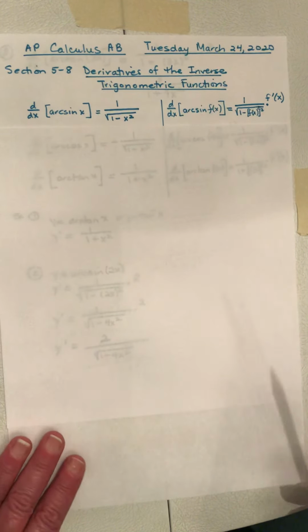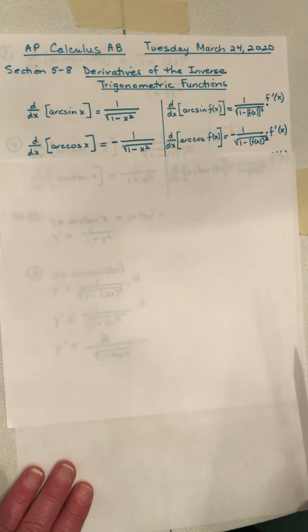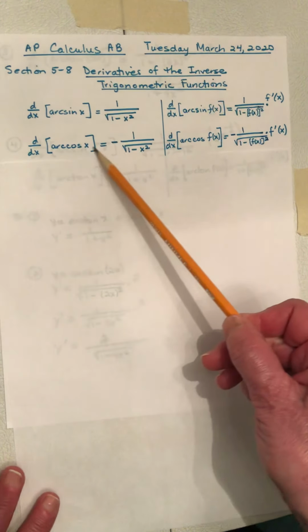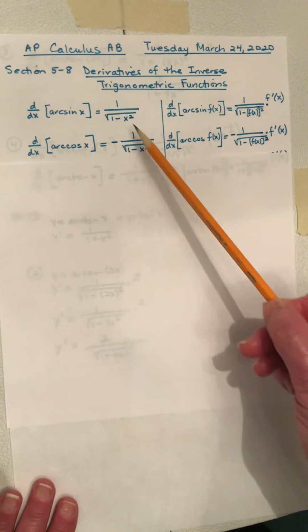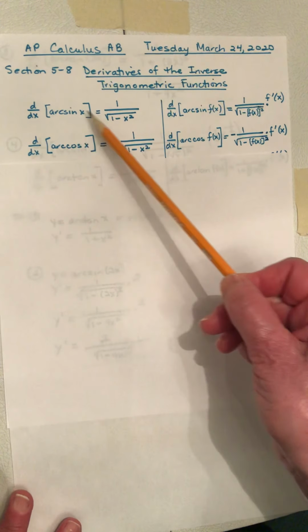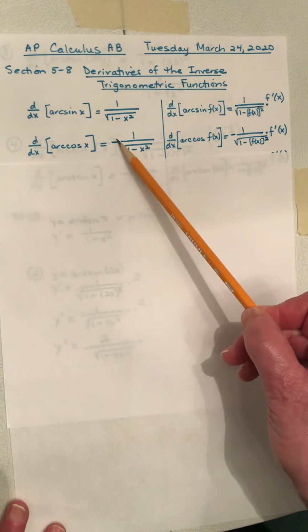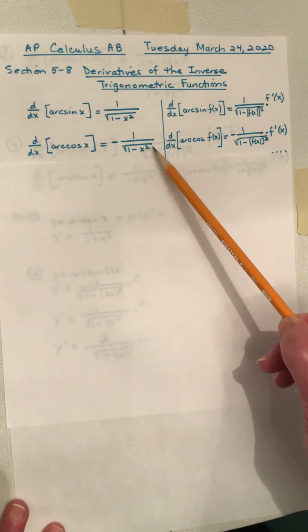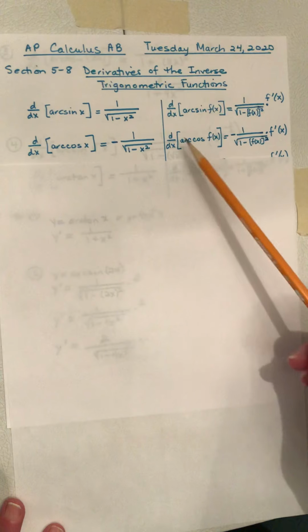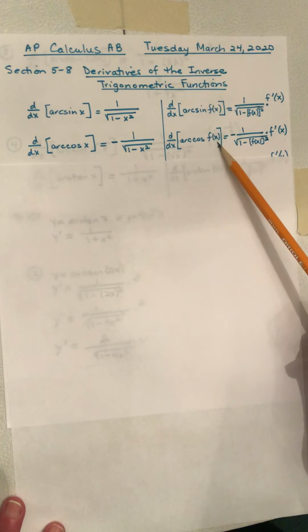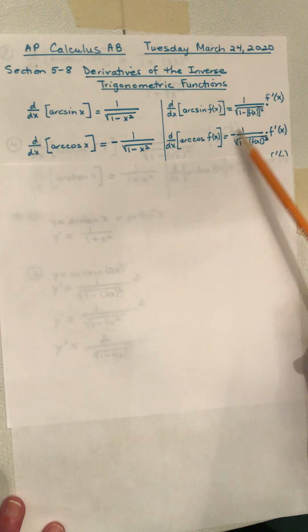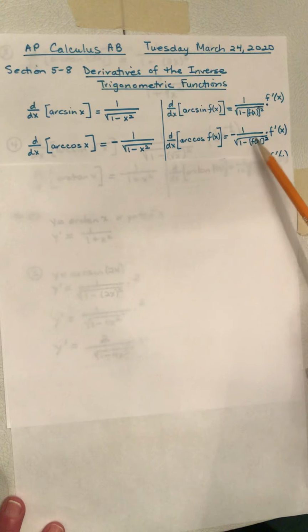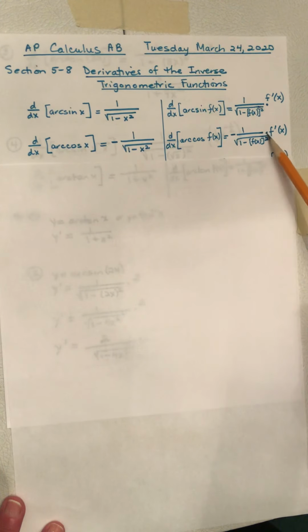Now, the arc cosine looks a little similar to this. The derivative of the arc cosine is really the same as the derivative of the arc sine, except it's negative: negative 1 over the square root of 1 minus x squared. And similarly, the derivative of the arc cosine of f of x is negative 1 over the square root of 1 minus f of x squared, times f prime of x.